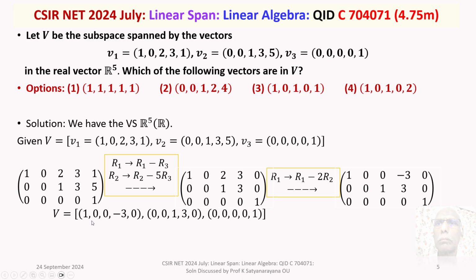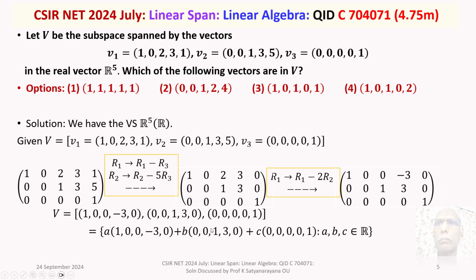Therefore, we write the set consisting of A times the first plus B times the second plus C times the third, where A, B, C belong to R. So this is equal to the set of all those 5-tuples (A, 0, B, minus 3A plus 3B, C), where A, B, C belong to R. So that means the elements of V are of this type. Now we verify the options one after the other in the next slide.